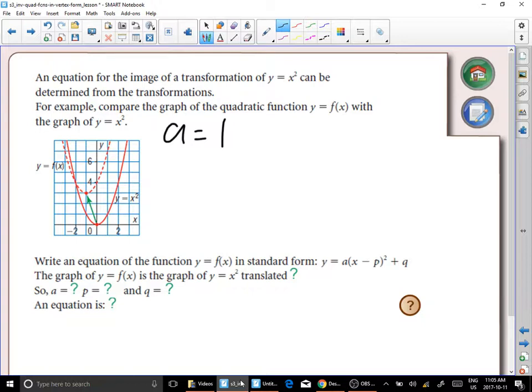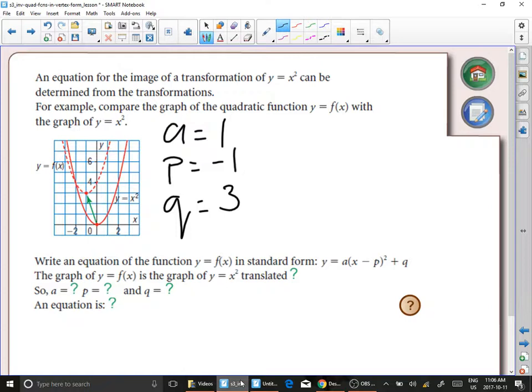But here's what we do know. The graph gets moved to the left 1 and up 1, 2, 3 units. Because it gets moved to the left 1, that tells us that P is going to be -1. And because it goes up 3 units, Q is 3.